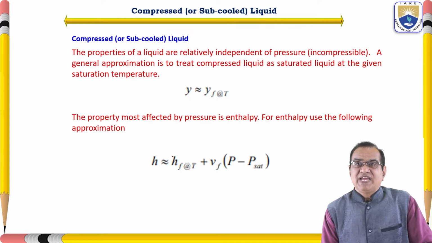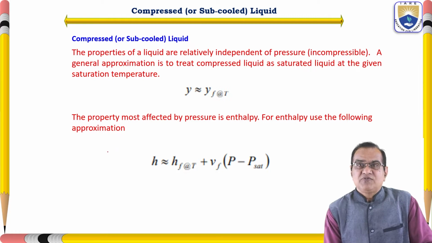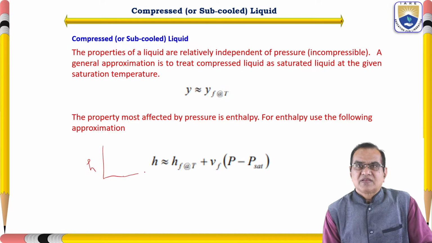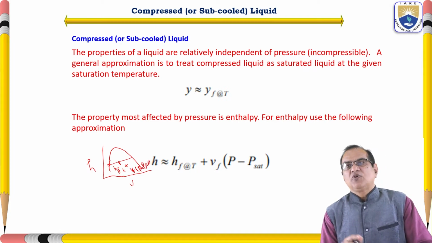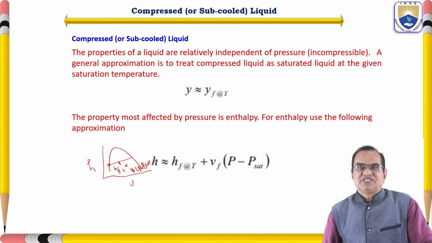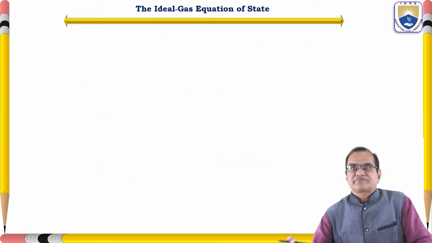So if you take anywhere, first you have to mark here H. So if it is like this anywhere, so it is H. So this is the Hf at T plus, wherever is the location, the Vf into P minus P saturation. So here is the saturation pressure. So like this we have to consider for this enthalpy.